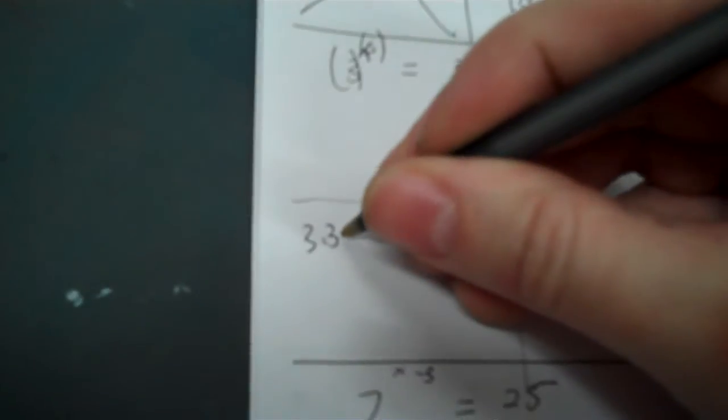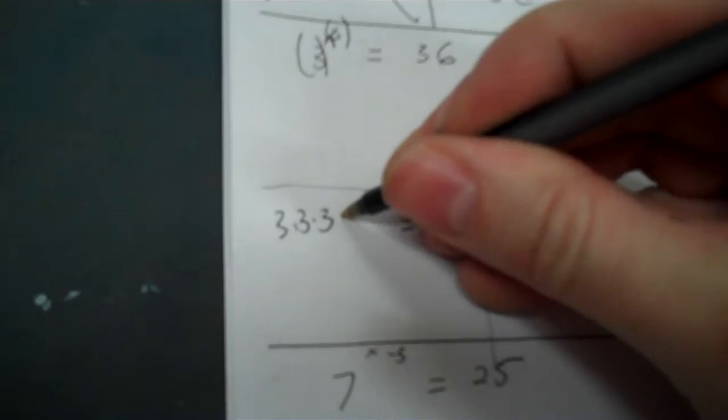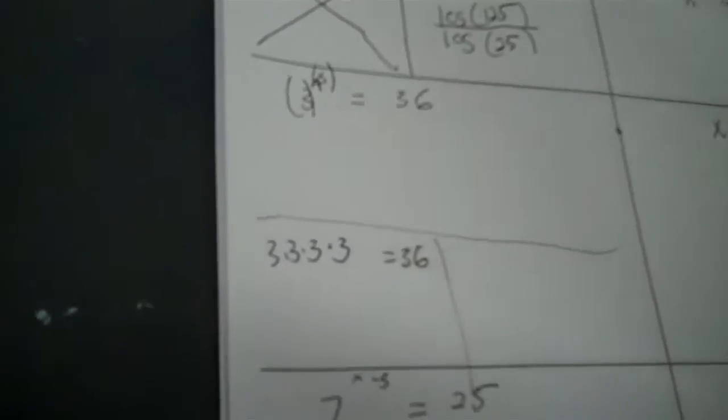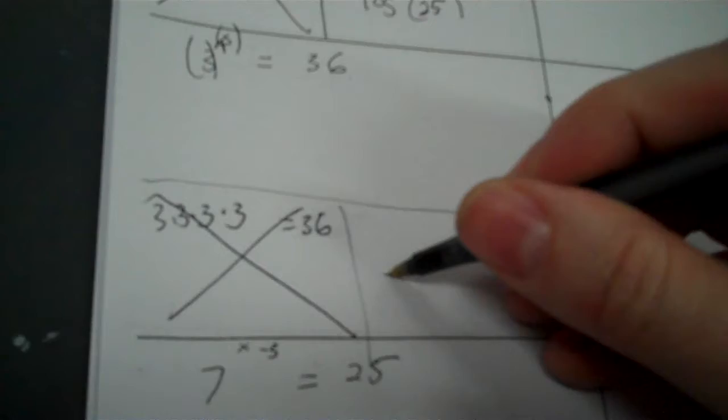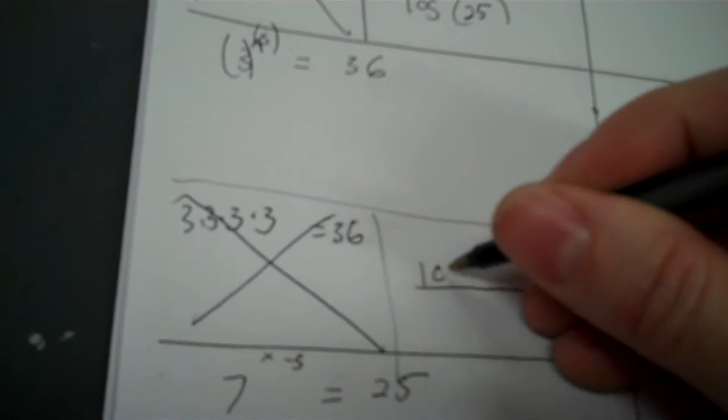Okay, now remember there's 2 ways to do this. The most logical way is to figure out how many 3s it takes to multiply to 36, okay, because that's what a power is. So 3 times 3, that's 9, times 3, that's going to be 27, times 3 again. Okay, I'm over 36, so that way will not work. It's a decimal. So to find what the decimal is, I use my log over log.